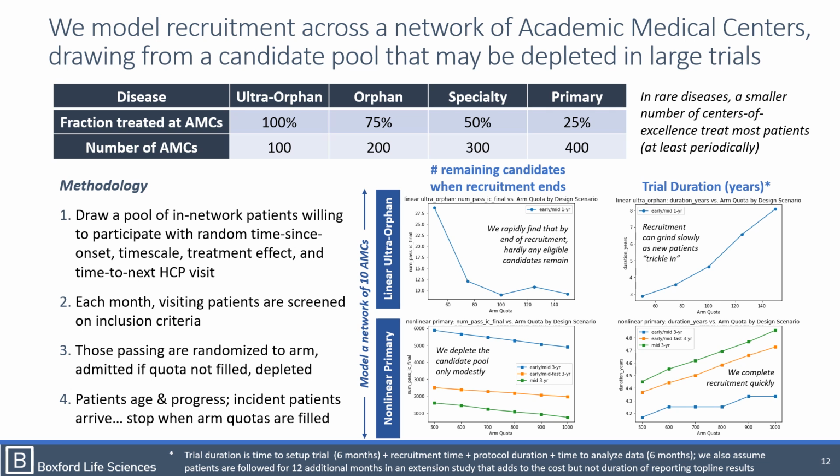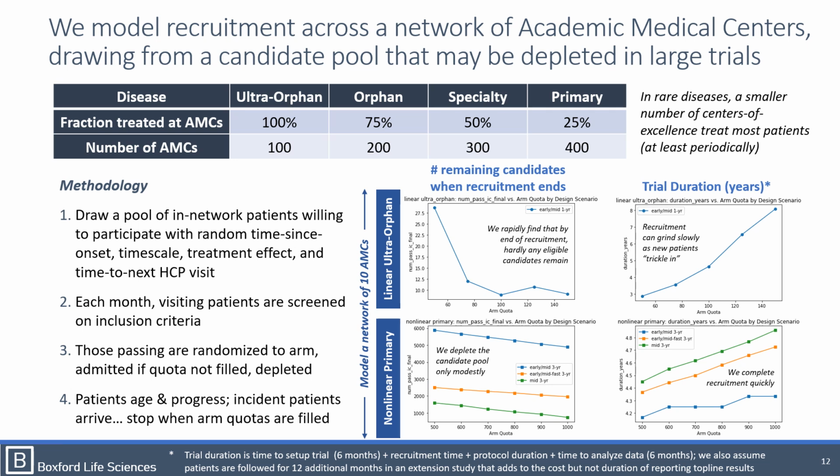We include the protocol duration, and we include 6 months of analysis after all the data is collected. In addition, when we later compute costs, we assume that there's a year of follow-up for each patient in an extension study that adds to the cost but doesn't delay the time that it takes in order to report top-line results from the trial.